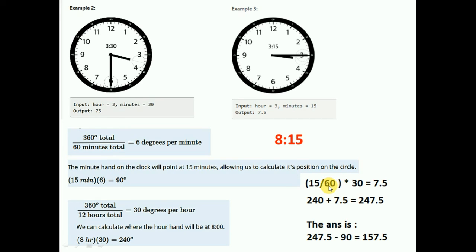We can say 15 by 60 is 1/4 of 1 hour. 1 hour makes 30 degrees, so it will make 7.5 degrees. So we have 240 degrees for 8, and the extra deviation will add 7.5 degrees. The total angle of the hour hand we have calculated is 247.5 degrees. Then we subtract them: 247.5 minus 90, and the answer is 157.5.